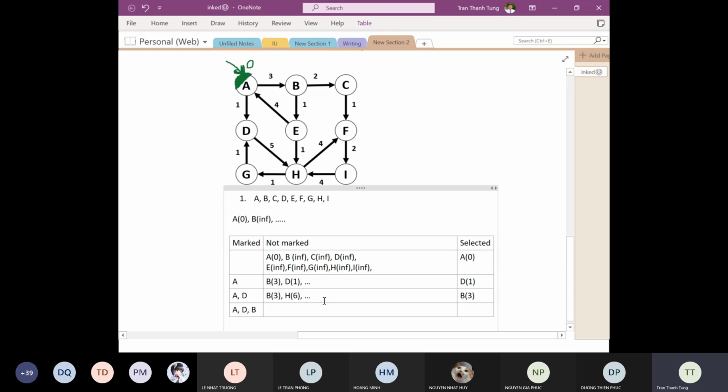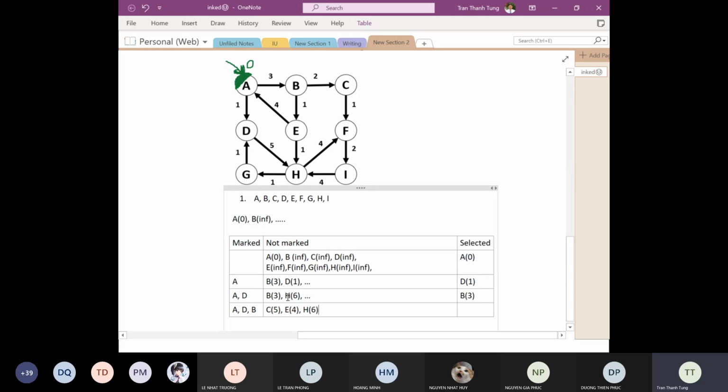After we select B, we take B already, so C will be 5 and E will be 4, because we have 3 plus 1, and then we have H 6.